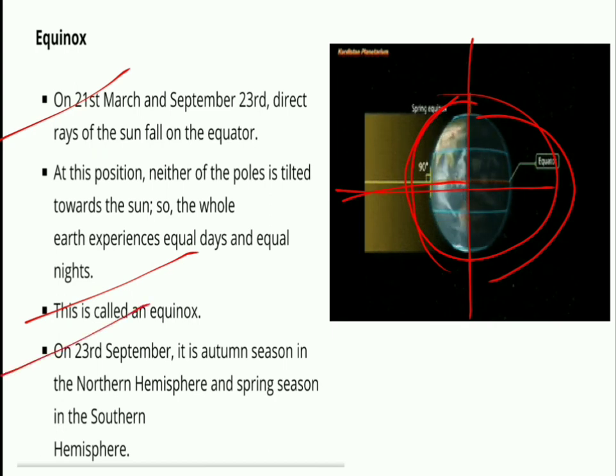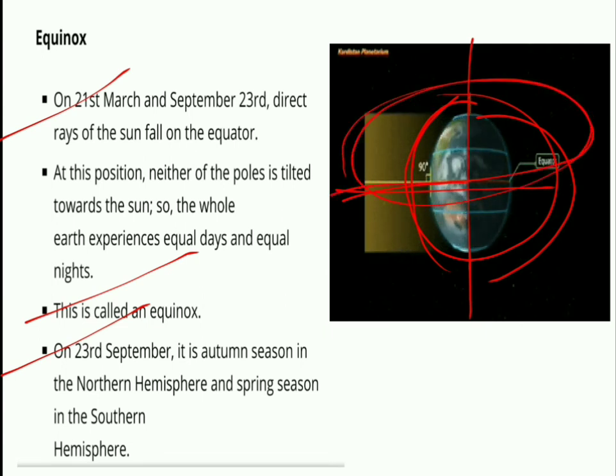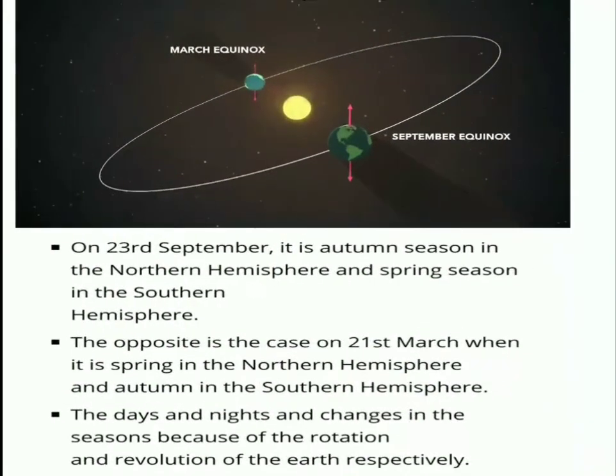On 23rd September, it is the autumn season in the northern hemisphere, and in the southern hemisphere it is the spring season. So this is all about the equinox. Some few points about the equinox: on 23rd September, it is autumn in the northern hemisphere and spring in the southern hemisphere.